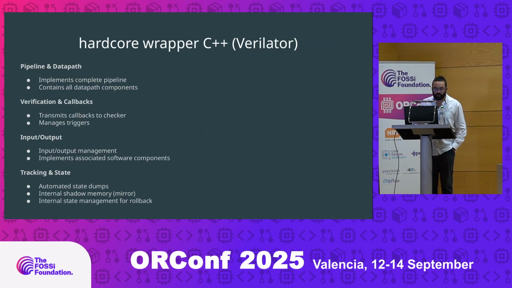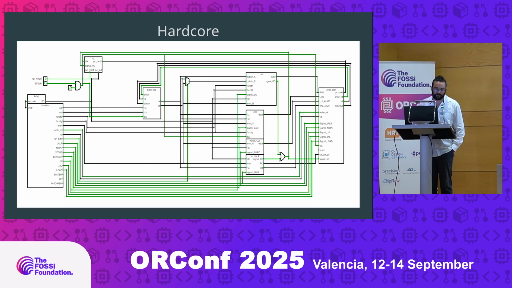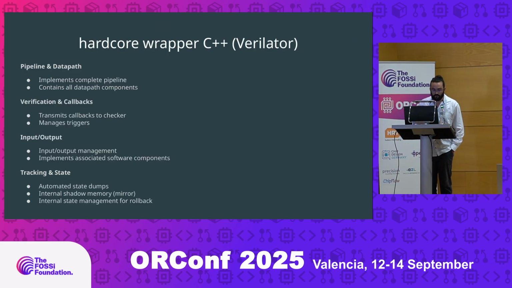The hardcore wrapper implements the complete pipeline and contains all the data path components. You can see the hardcore here. It's not pipelined, so it's all inside the C++ Verilator that I manage. It's very simple. It's based on structural recursive components, so I need a deep verification for all my elements.